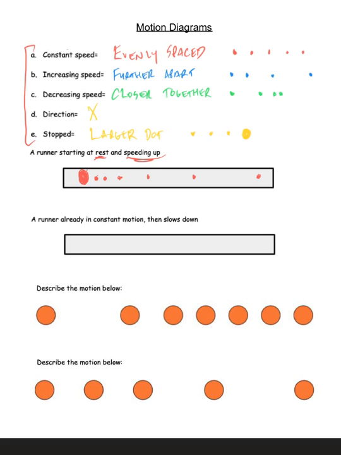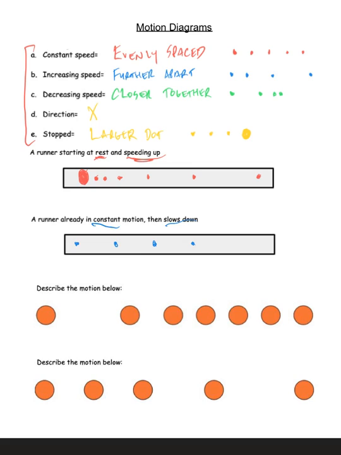It says a runner already in constant motion slows down. So here we don't have an object starting at rest. We have a runner that's in constant motion. So I'm going to draw constant motion by making sure that the dots are evenly spaced. So I have my dots evenly spaced, showing that the object is running at a constant speed. Then I'm going to show the object slowing down.